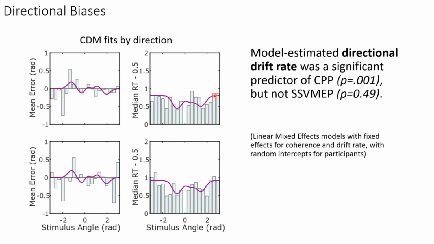So we found that the directional drift rate was a significant predictor of the CPP, but not the SSVMEP. So this suggests that while directional biases may be reflected in the neural processes of evidence accumulation, the SSVMEP, the sensory level signal, reflects more trial-to-trial variations in accuracy that aren't related to those directional biases.